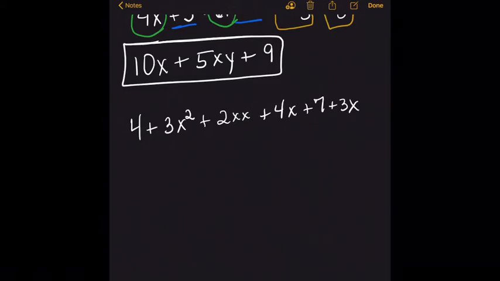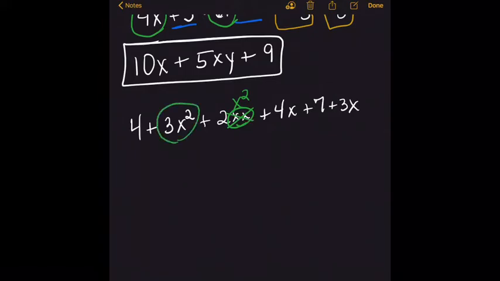Now, first thing you want to do is try to understand what this xx is. What is x times x? Well, it's x squared, isn't it? So I'm going to cross that out and replace it with an x squared.